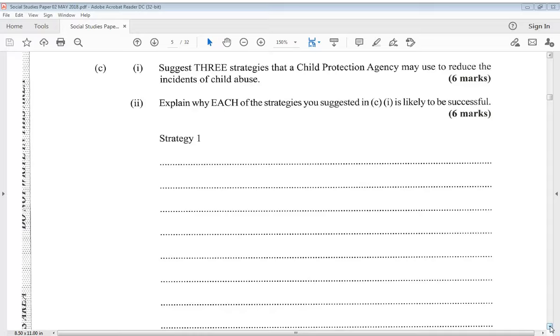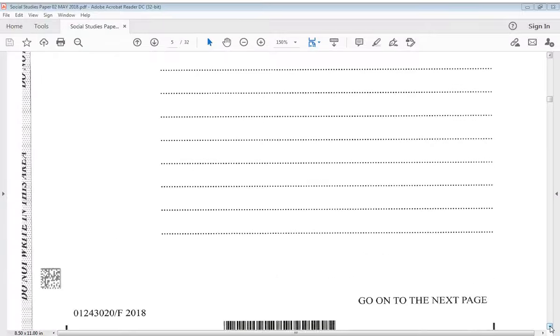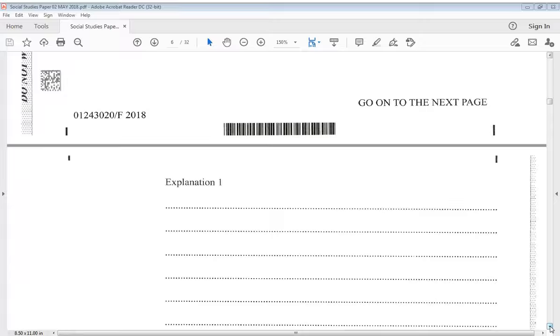What this means is that the Child Protection Agency would arrange various programs that can help build awareness to the public. And so information would be readily available.